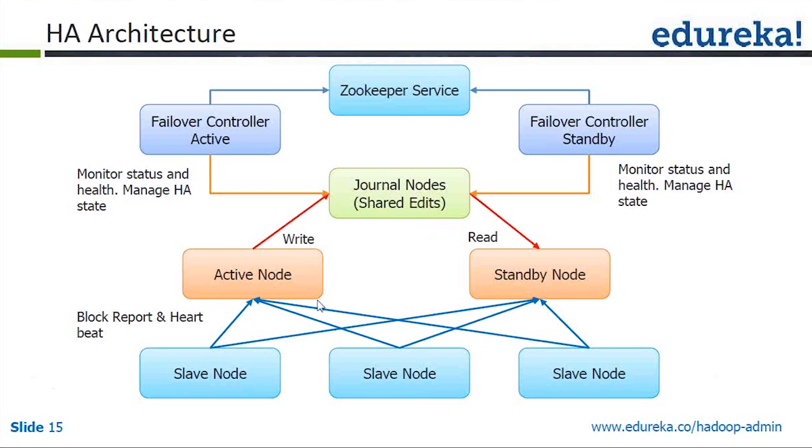These shared edit files will be used by the active name node to write, and by the secondary or standby name node to read and sync its metadata with the active name node. There is a zookeeper service which will look into the failover controllers, and there is a zookeeper failover controller which will manage the high availability failover feature.